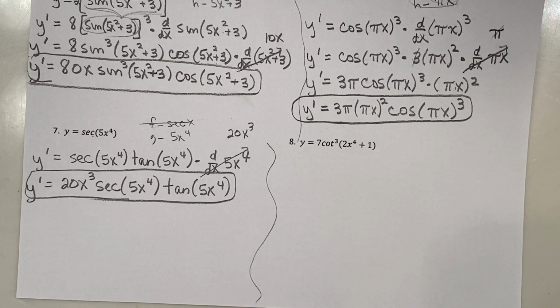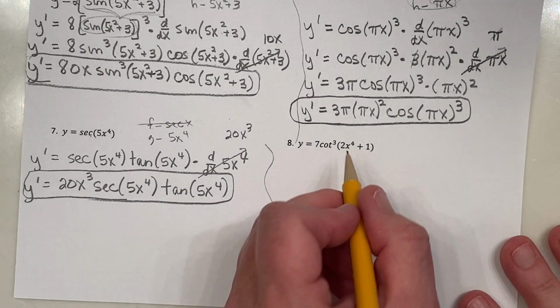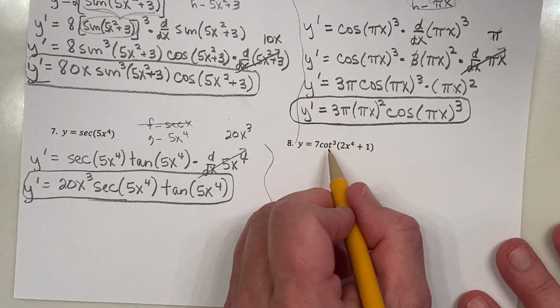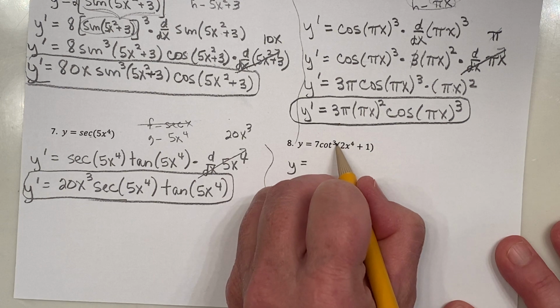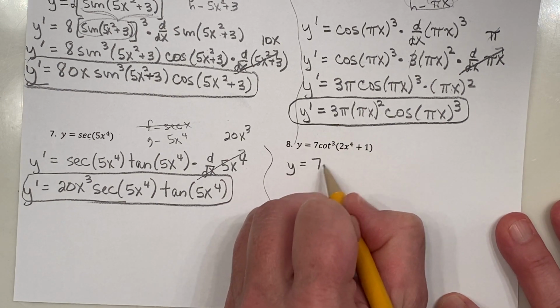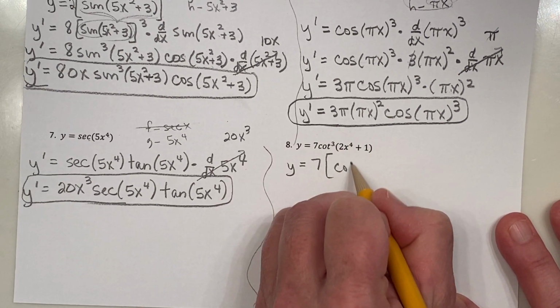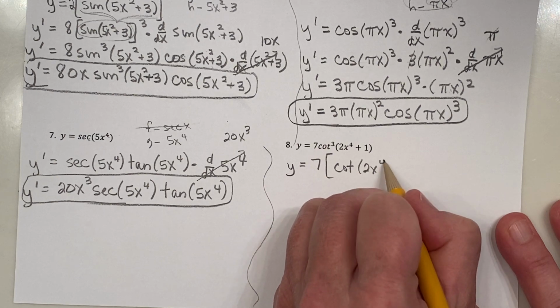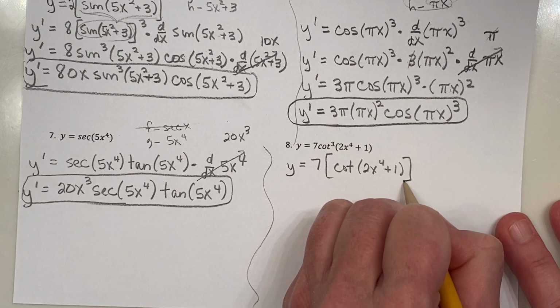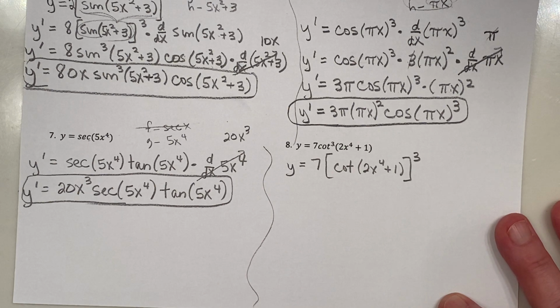Okay, so let's break down 7. I'm going to find the derivative. Let's see, the first thing I'm going to do, I see a power on a trig function, so leave the 7 on the outside of the bracket. Cotangent, close my bracket, and I'll put the cube here.